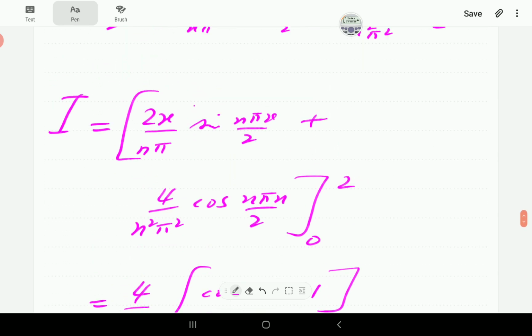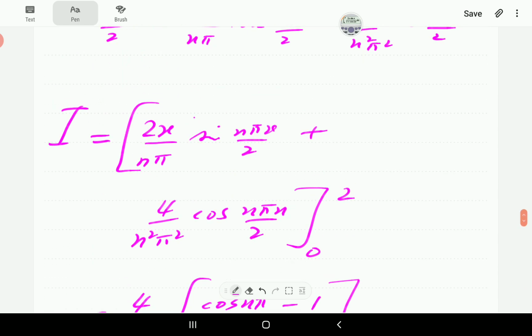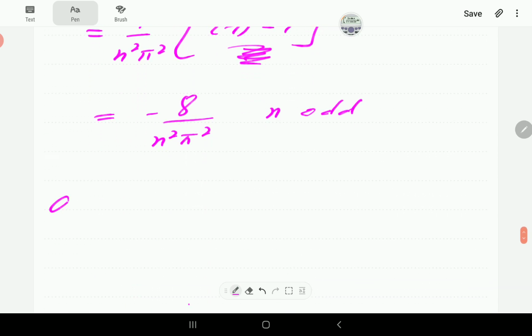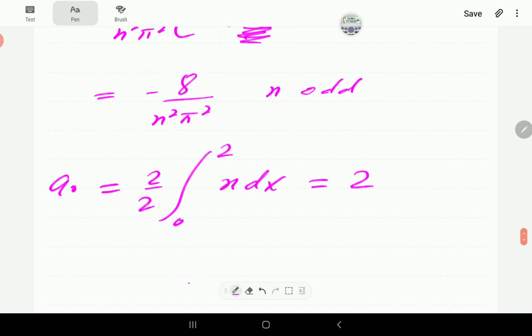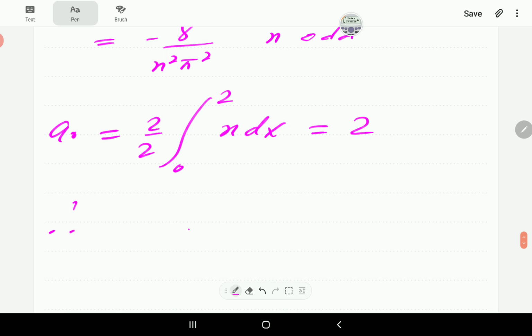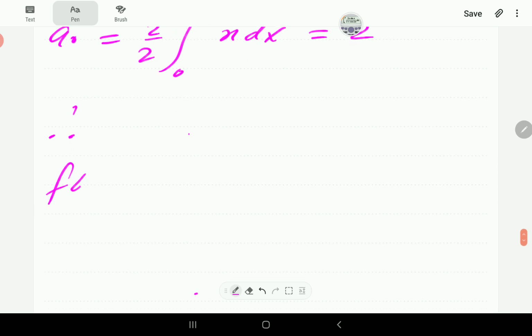Now when we do this integration here, as soon as we divide by n, we must exclude n equals 0. So we still need to find a naught. When n is 0, it's going to be 2 over 2, integral from 0 to 2 of x dx. This gives us 2 as before. So the half range cosine expansion is going to be a naught over 2, which is 1.